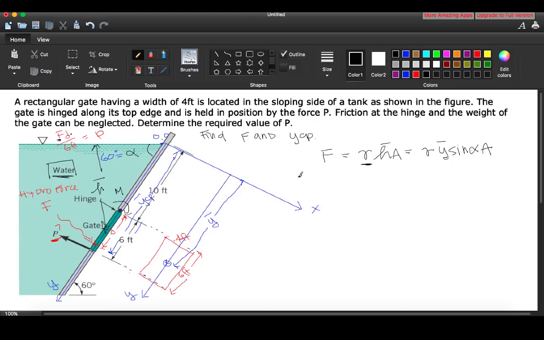So our standard specific weight is equal to what? In these units, 62.4 pound force per foot cubed.